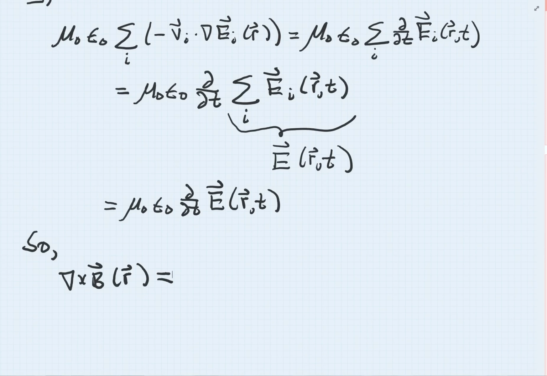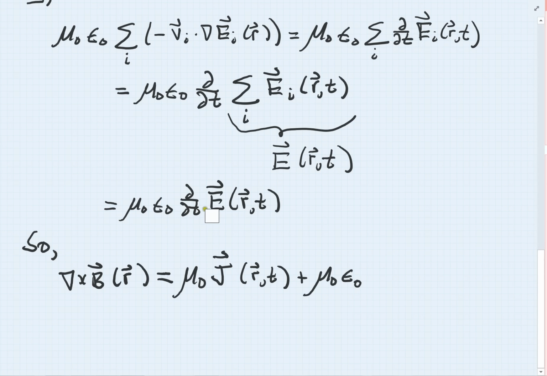So we have mu naught times J, the current density at the given location and time t, plus this additional term, which tends to be small, mu naught epsilon naught, but we'll see later it still can be important in certain circumstances, times this time derivative of the electric field with respect to time t, where the electric field depends on location and time as well.